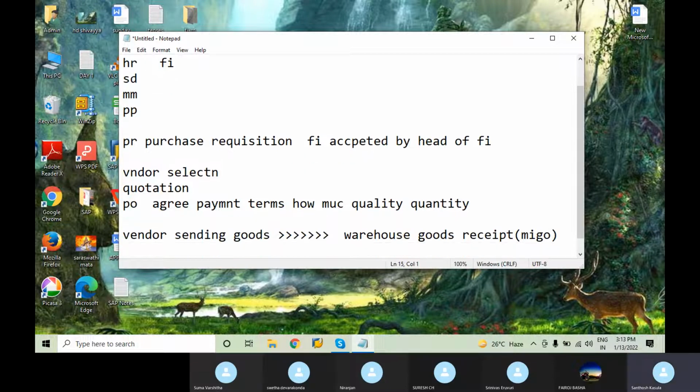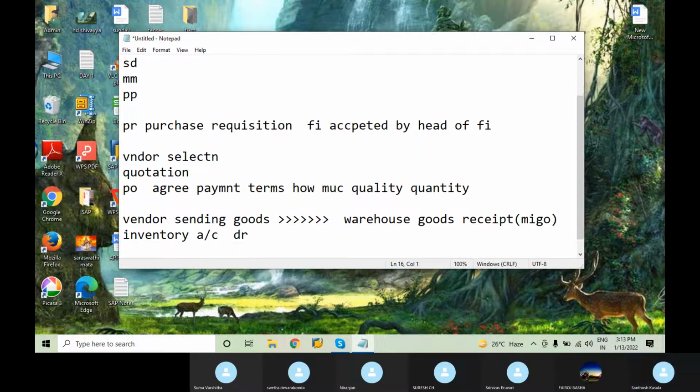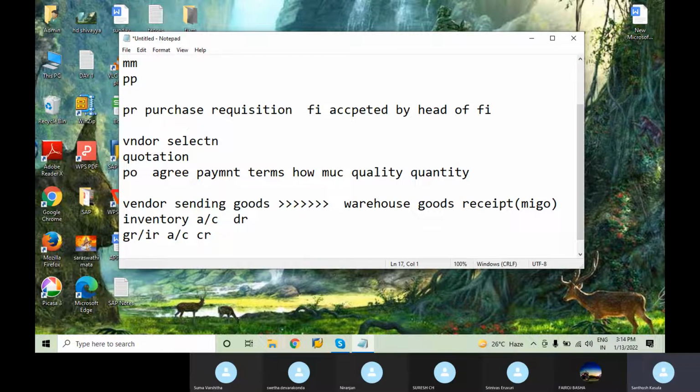The entry here is inventory debit, GRIR credit.